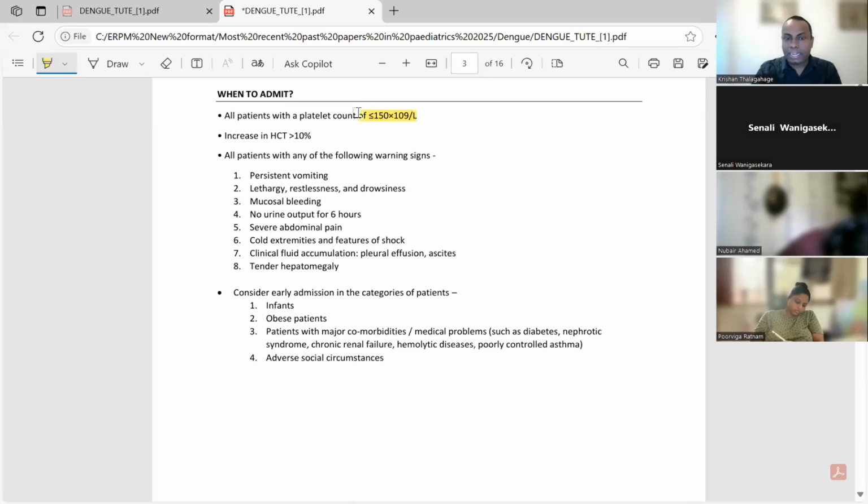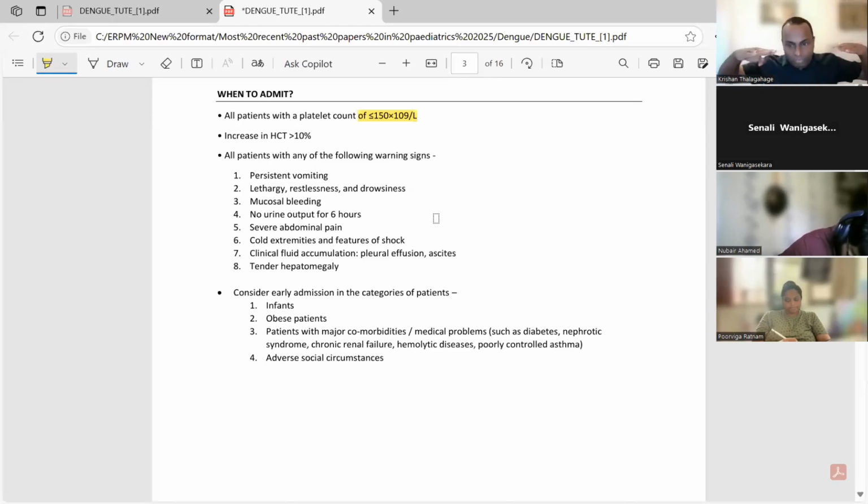You admit any child with a platelet count less than 150,000. And if the hematocrit, the packed cell volume, is rising more than 10% of baseline. What is the baseline packed cell volume in a child? Baseline hematocrit is 35%. Listen to this very carefully. 10% of that value, the normal 35, is 3.5.